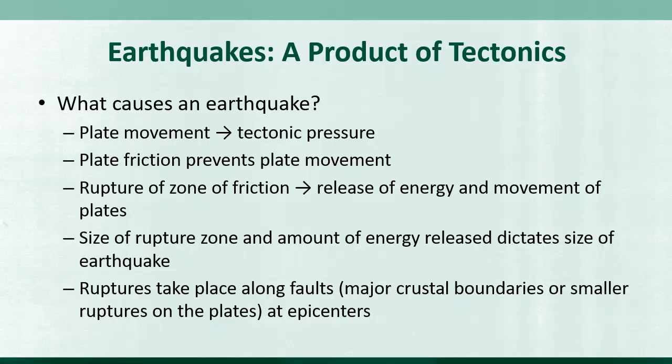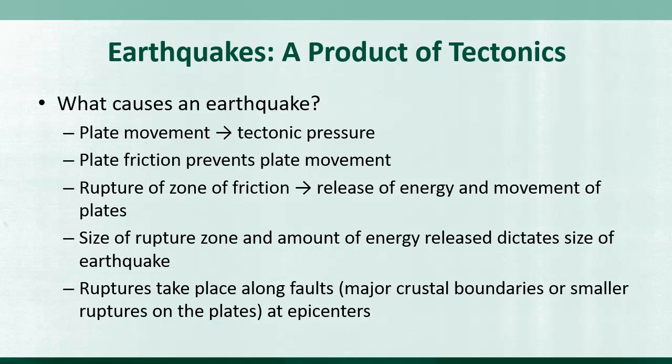One of the big products of tectonic activity is, of course, earthquakes. What causes an earthquake is when plates are moving against one another, either next to each other, sideways, or colliding into one another, or pulling apart. The tectonic plates themselves exert a huge amount of tectonic pressure on the surface of the Earth.